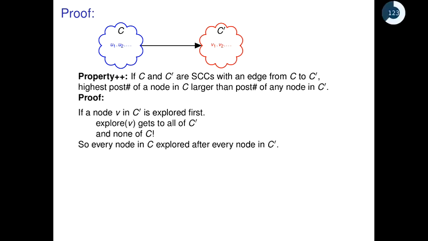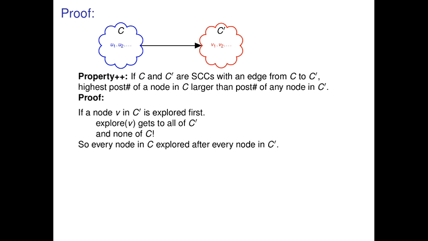If a node V is explored first, it explores all of C prime, and then returns. And it doesn't go to C. It explores nothing in C. This is a cross edge. So every node in C is explored after every node in C prime, because we assume that a node V in C prime is explored first.